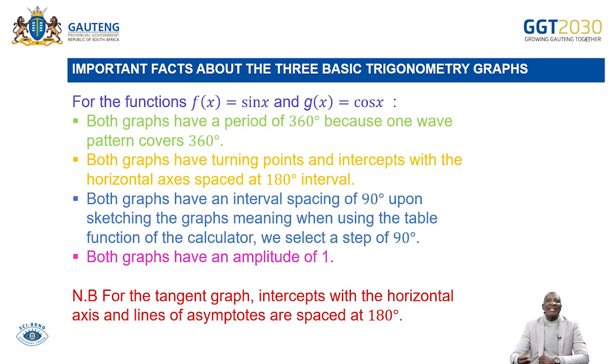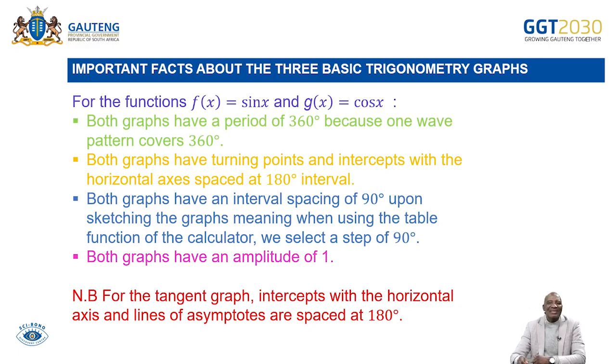Both graphs have an interval spacing of 90 degrees upon sketching. When sketching, using the table function of the calculator, we select a step of 90. Then both graphs will have an amplitude of 1. Then for the tangent graph, intercepts with the horizontal axis and lines of asymptotes are spaced at 180 degrees.